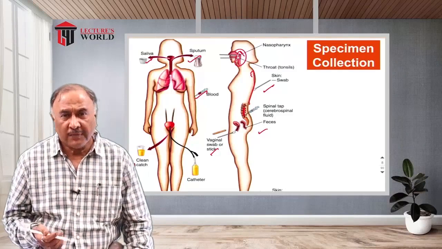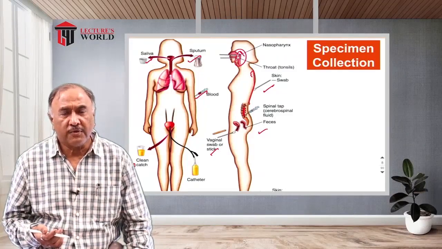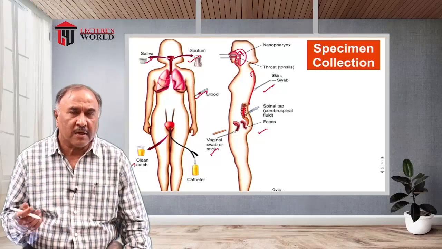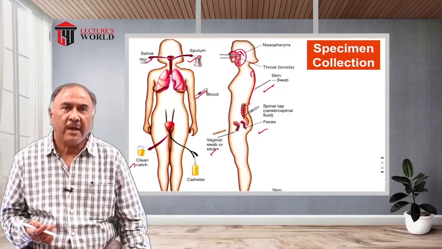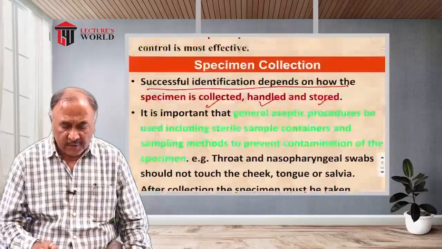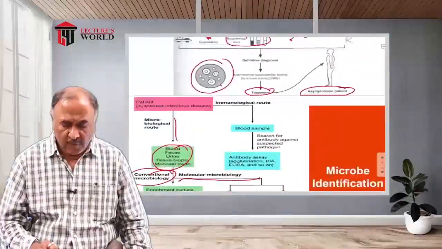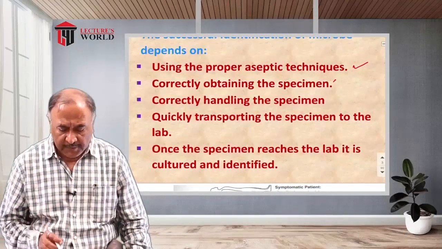So point is, the clinical individuals, that is the doctor or a clinician, should be able to identify the location from where the sample is to be collected. That is what we call correctly obtaining the specimen.